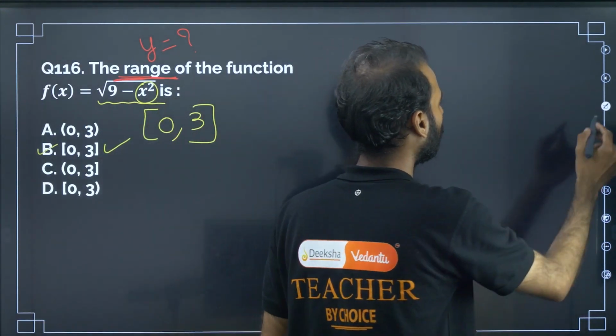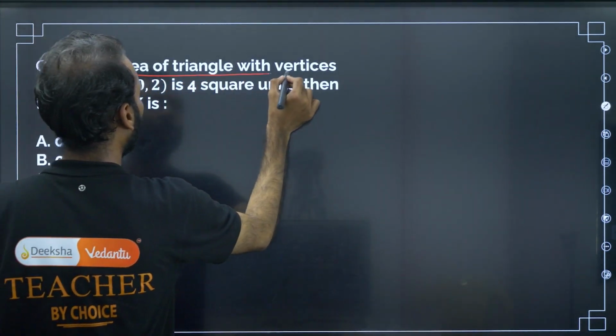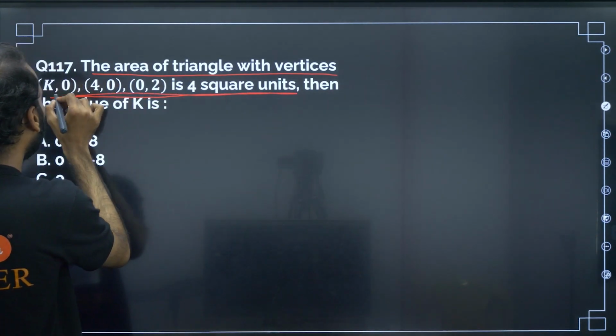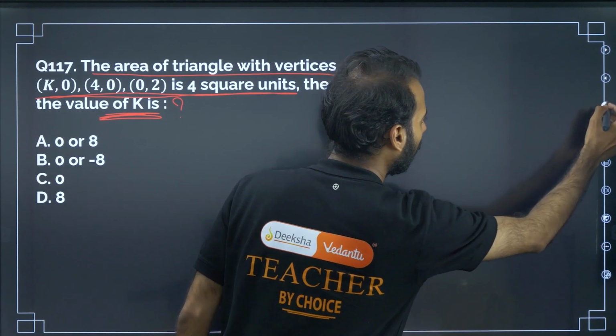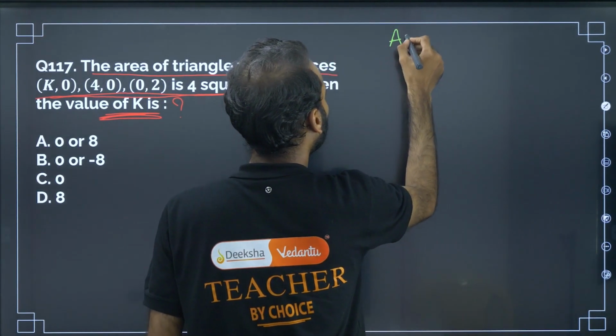Moving on to the next question. This is also a time saving question. The area of the triangle with vertices, they have given some vertices, is 4 square units. This is the given data. They are asking, what is the value of k? Now the area of triangle formula, I think I have already discussed it. If I have not, it is very important.